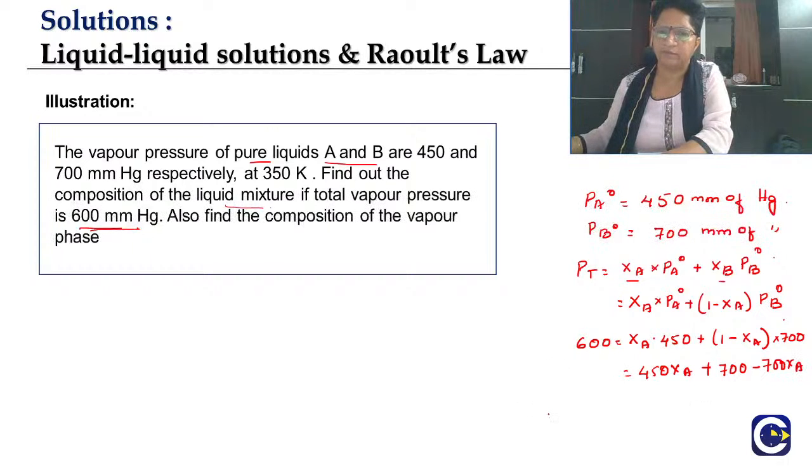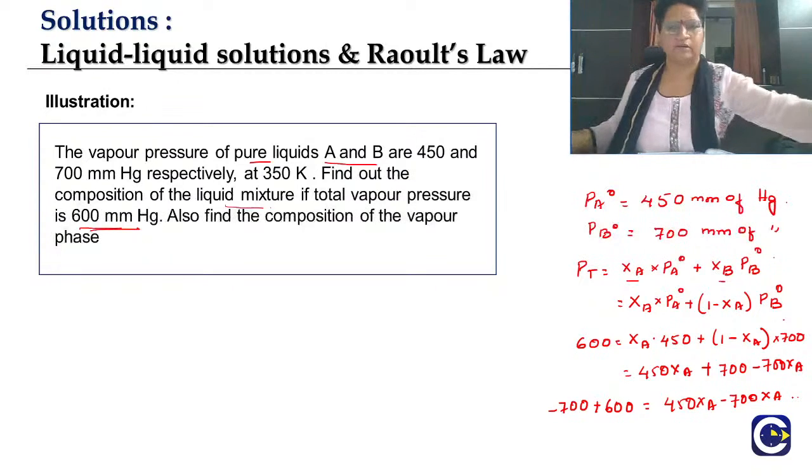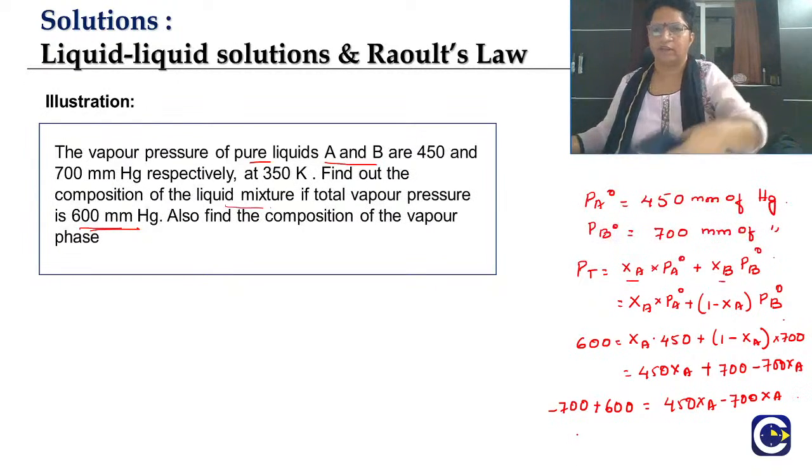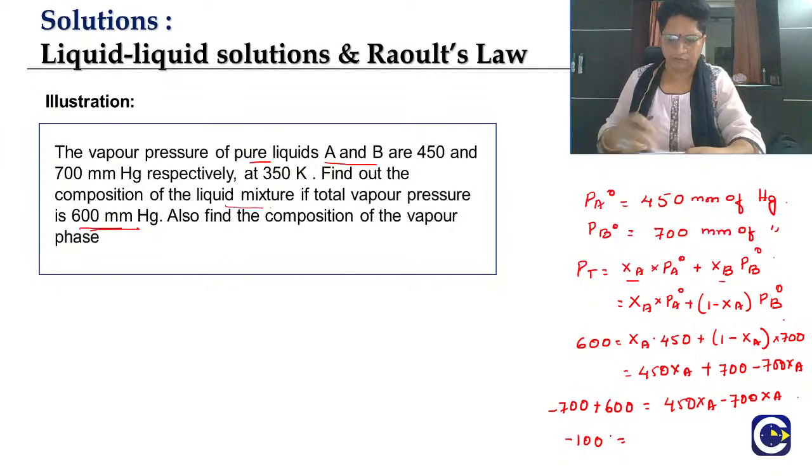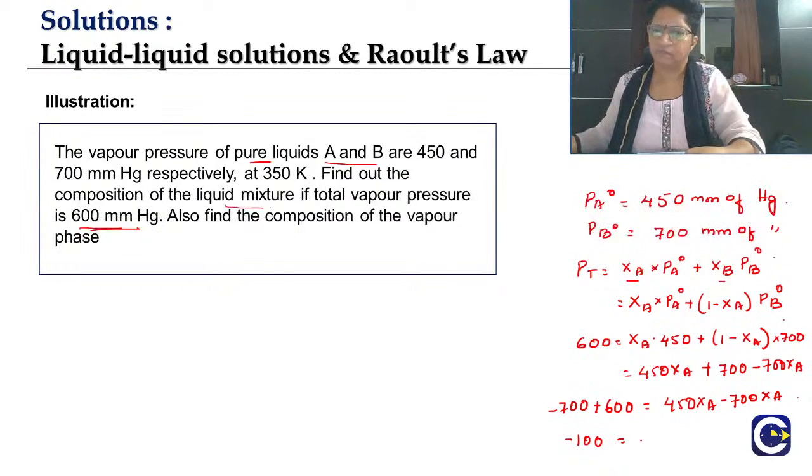Taking 700 to the other side, minus 700 plus 600 is equal to 450 XA minus 700 XA. Do the calculation: minus 100 is equal to, 450 minus 700, how much? Minus 250 XA. Minus minus cancel.